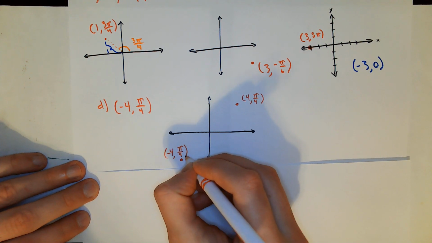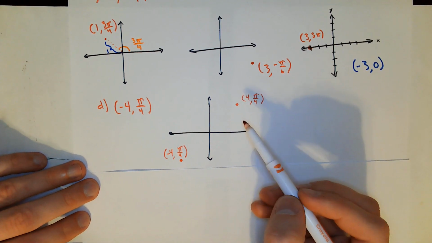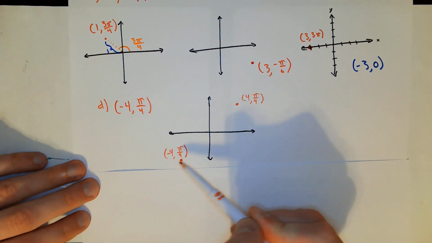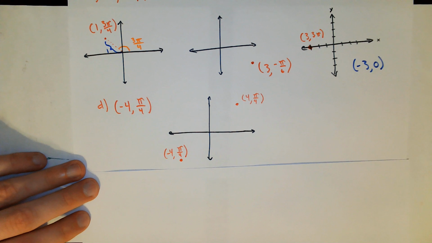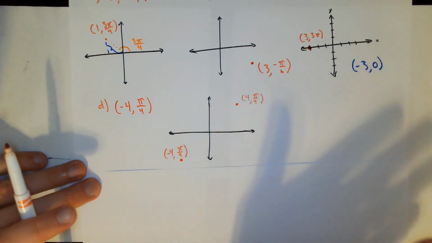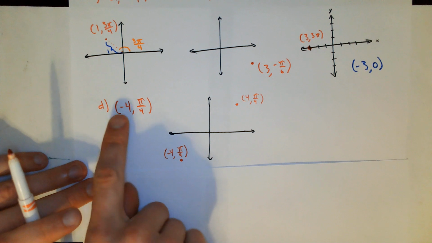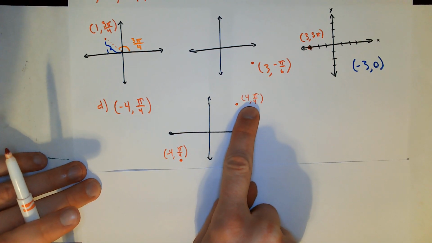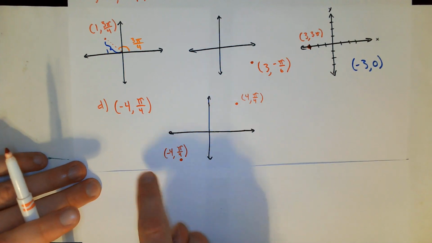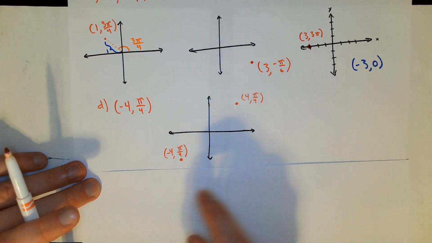So the way I've done this problem, by graphing the point without the negative value and then reflecting it over the origin, is a good technique that you should take note of. If you've got to graph a point that has a negative r value, graph it without the negative first, and then throw the negative on there and rotate it pi radians away.